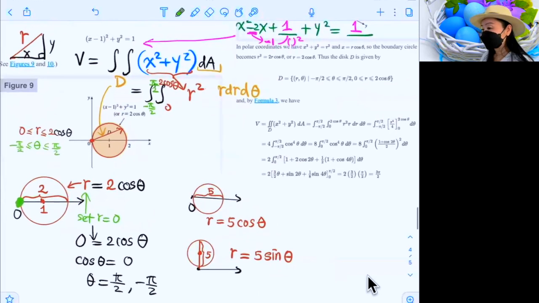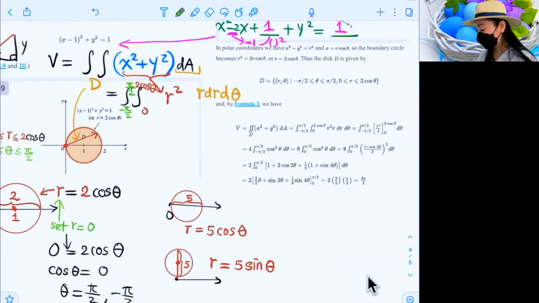A little bit messy, a little bit hard to see, right? But the most important part here is you're going to be able to set up the integral. So that's the integral over here. Notice r squared times r, this should be r cubed.